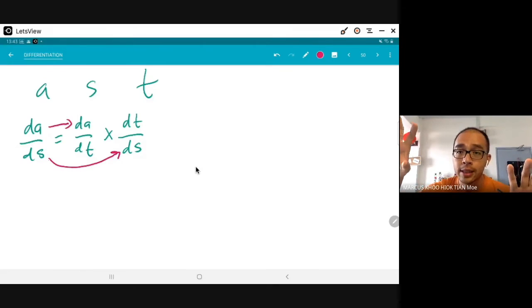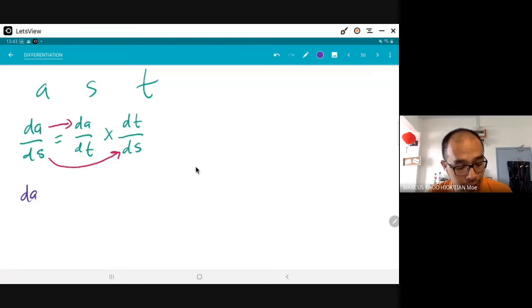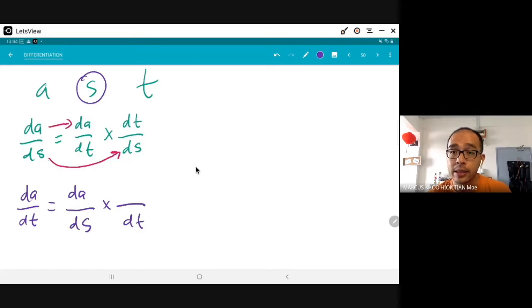Another chain rule I can make is dA dt. dA dt means on top here dA, at the bottom here dt, and then what do we have as the intermediary? Our intermediary will be ds. And that's why it's called a chain rule, because it becomes a chain.